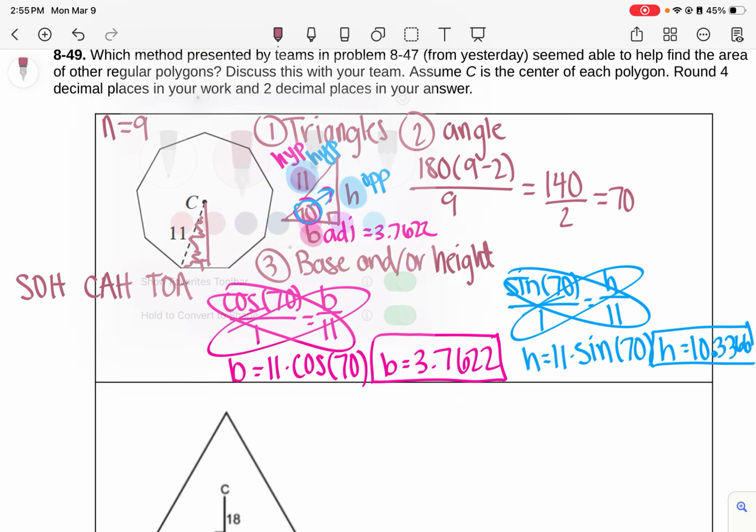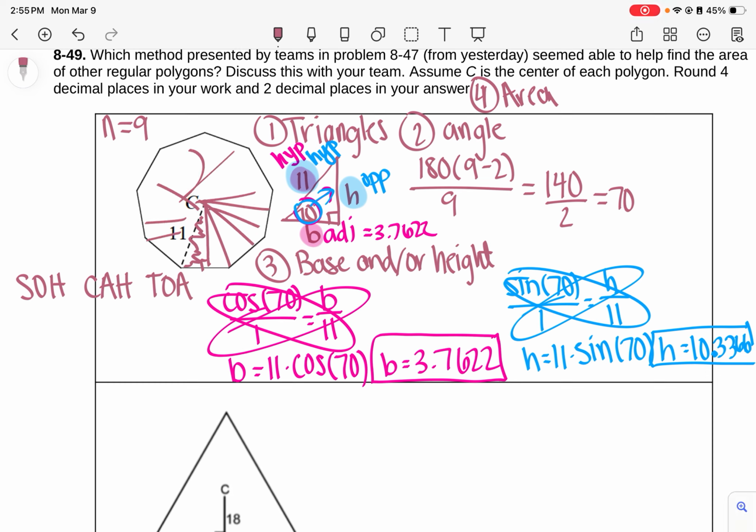Last step. To find the area, I'm going to go over here. So that's step number 4, area. To find the area, I need to find the area of one triangle and then multiply by the number of triangles, because it's kind of like puzzle piecing together to create that regular nonagon, 9 sides.